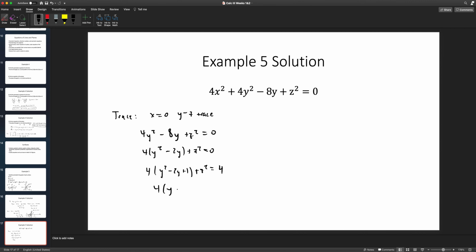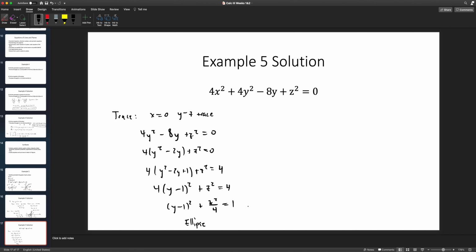So divide by 4. So if you're familiar with the conics, this would be a conic in the YZ plane specifically. This would be an ellipse in the YZ plane.